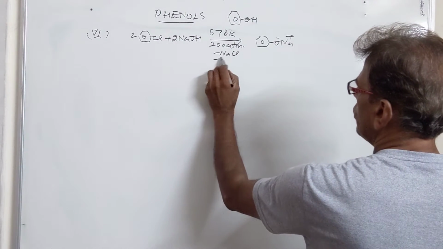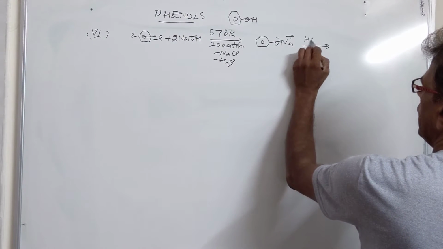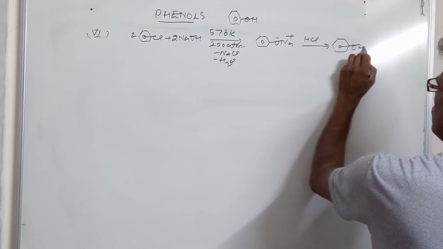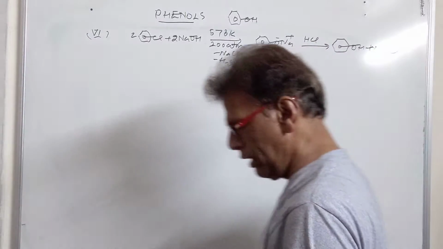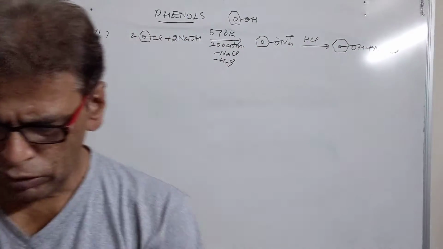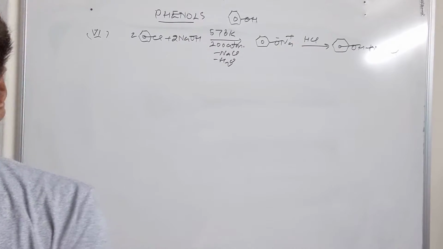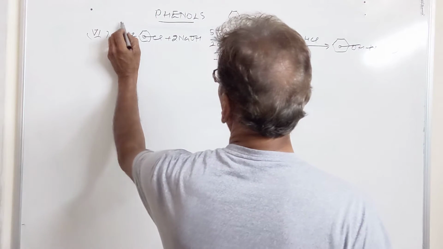NaCl is lost, loss of water takes place. This on hydrolysis with dilute HCl will give you phenol. Thus NaCl is obtained by this method. So this process is also known as Dow process. It is a name reaction known by this name.